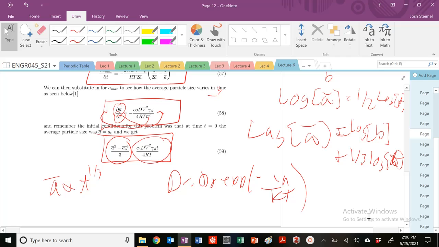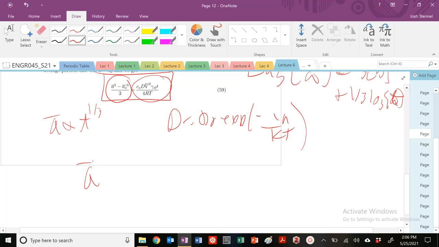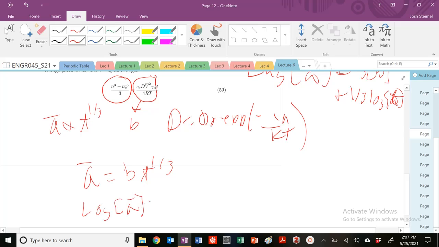Let's scroll down here and write that a little bit nicer. If I have an equation A bar equals this slope, let's call all this stuff B. So if I have an equation A equals B times t to the 1/3, and I take the log base 10, log of A bar equals log of B plus 1/3 log of t.